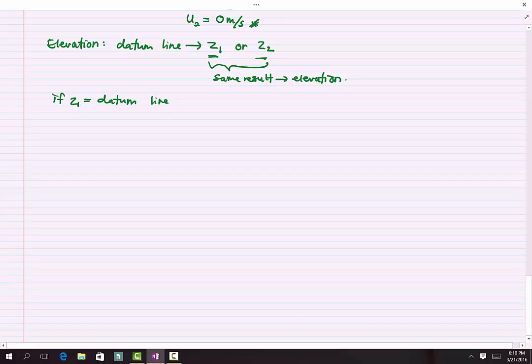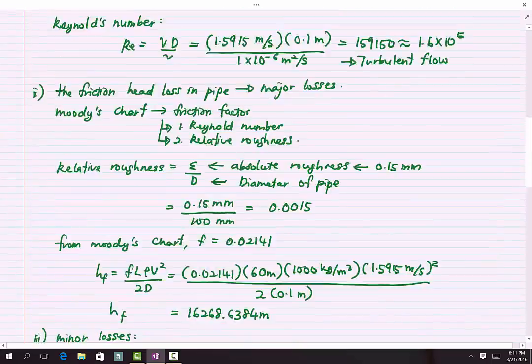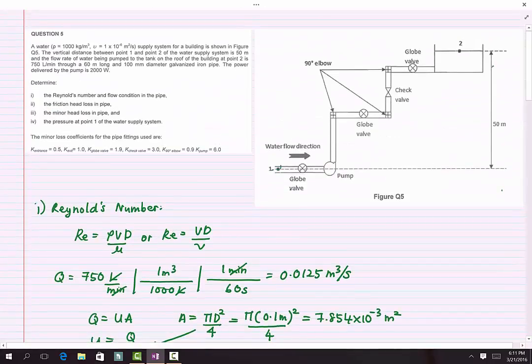Let's take a look at the figure. I chose Z1 as my datum line, so Z1 is equal to 0 meter. Point 2 is elevated at positive 50 meter. If we draw the y-axis here, whatever values are greater than 0 meter will give a positive value.